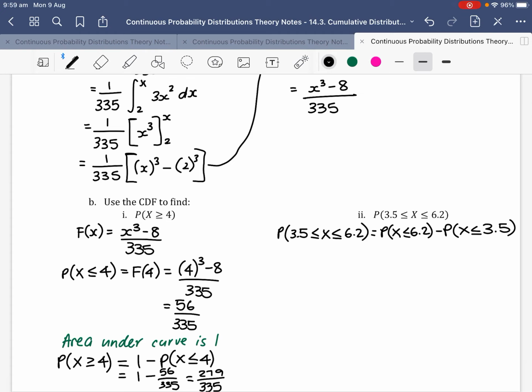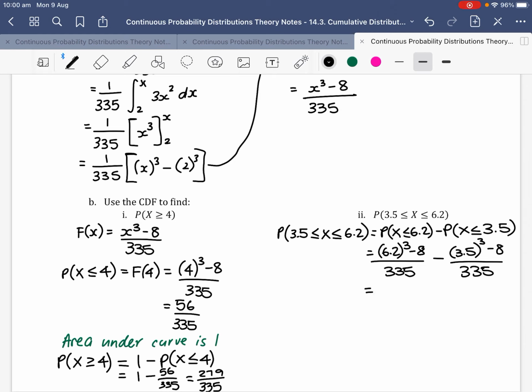So we substitute in 6.2 for when we're finding the probability of x less than or equal to 6.2. So we'll have (6.2 cubed minus 8) over 335, minus the probability of x less than or equal to 3.5. We sub our 3.5 into our CDF.